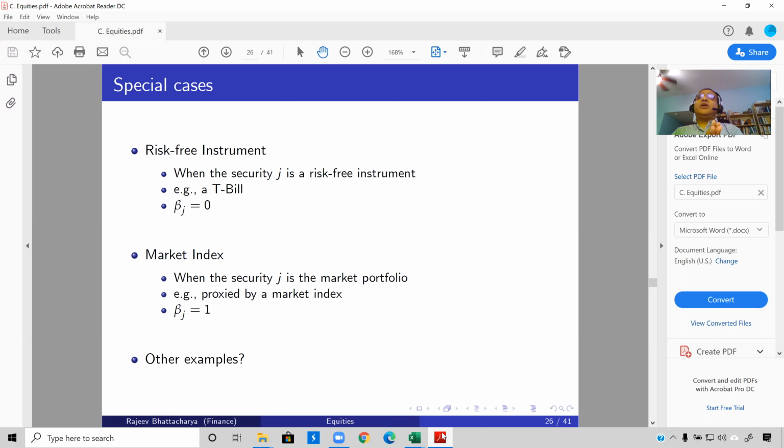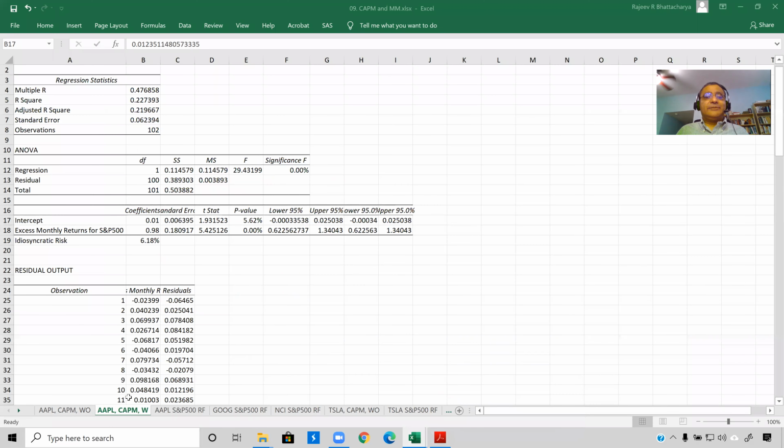But let me quickly point out, if you go back to this particular set of data, then the beta, which is the systematic risk component, according to CAPM's prediction, an investor should be compensated only for that systematic risk that the investor is taking on. All right, should not be compensated for the idiosyncratic risk.